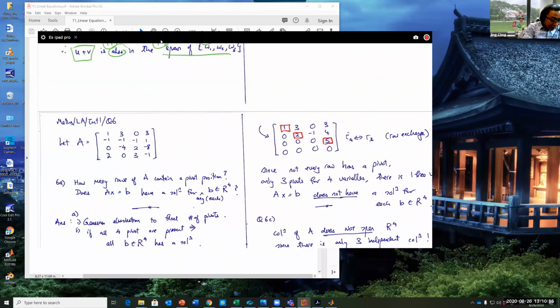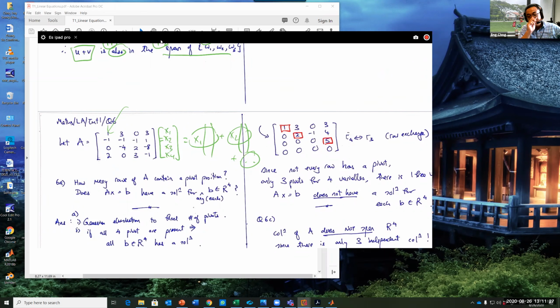Now the answer is, of course, x1 times the first column, x2 times the second column, plus and so on. The B's that can be found are linear combinations of the columns of A. Those B's that are in the linear combinations of the columns of A can be found.